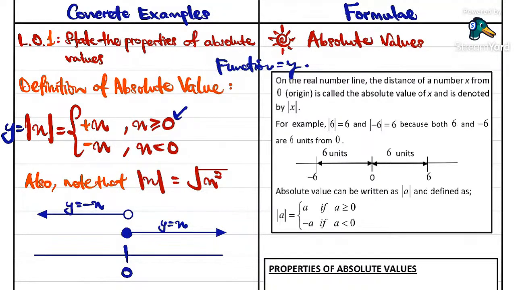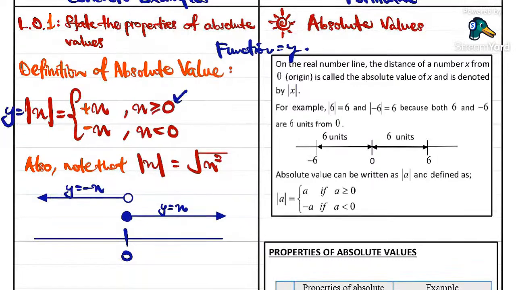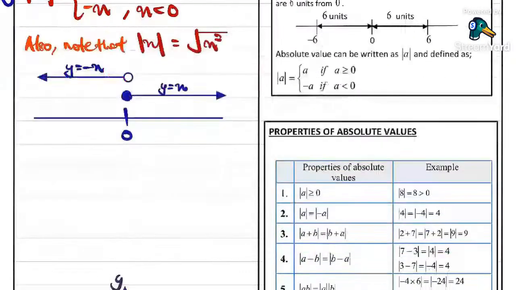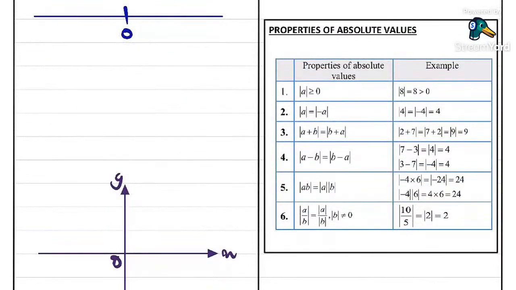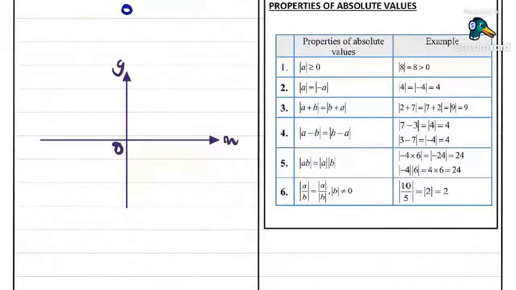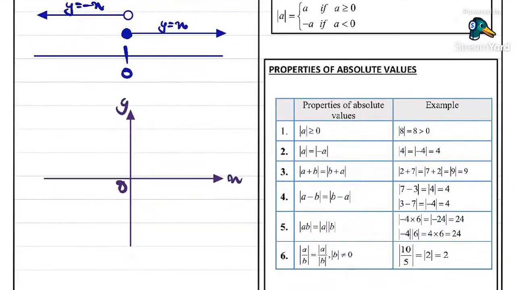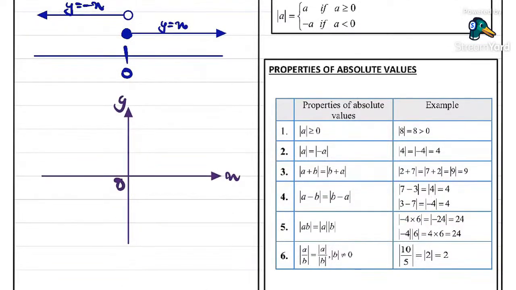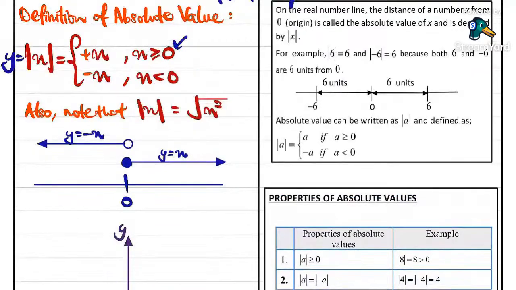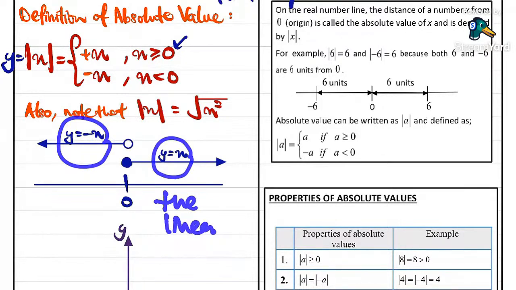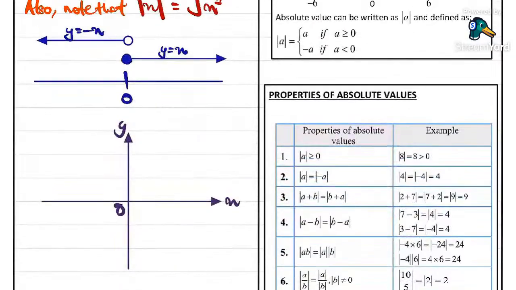Alright, so let's say lah I have a graph, let's say. Since I already use a function y, isn't it? So kalau ada function y, bermaksud ada paksi y. So let's say lah saya menggunakan function yang sama, iaitu y equals to x and y equals to negative x. And so this is actually a positive linear, in fact, isn't it? So a positive linear will give you a straight line like this.